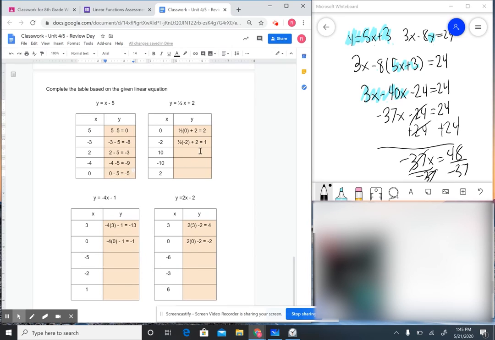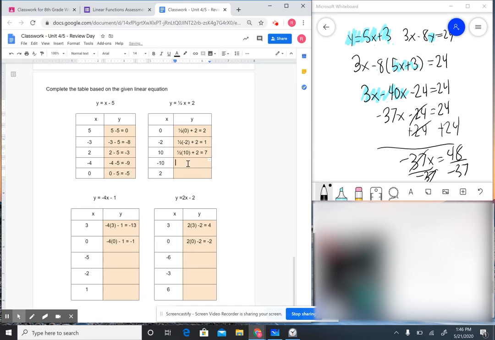No? Okay. And then so for this one, just make sure that you're taking your x, you're multiplying it by 1/2. In this case, my x is 10, so I'm doing 1/2 times 10, then you're going to add 2. So half of 10 is 5, plus 2 is 7. Okay. And then you're going to do negative 1/2 of negative 10.